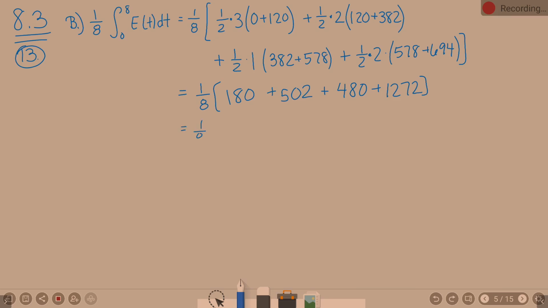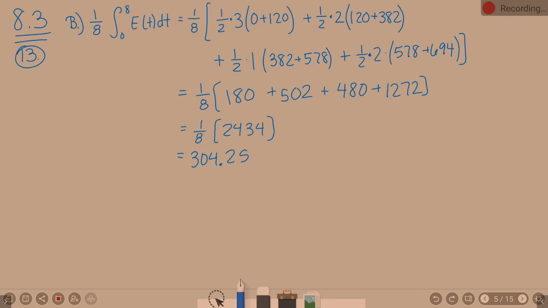So you're doing 1/8 of 2,434 according to my notes, which is 304.25. Now, note, it did specifically say, using correct units in context of the scenario, explain the meaning. So you don't get to just put an answer. You don't get to just put a basic label. We need an explanation. What is this 304.25?